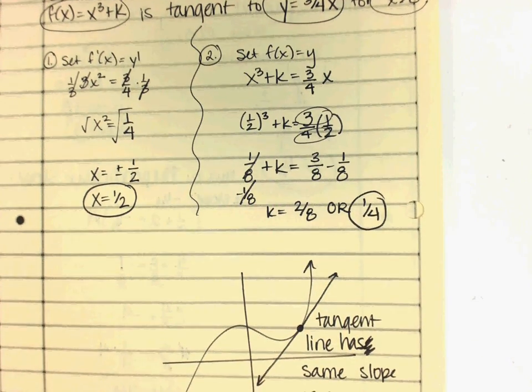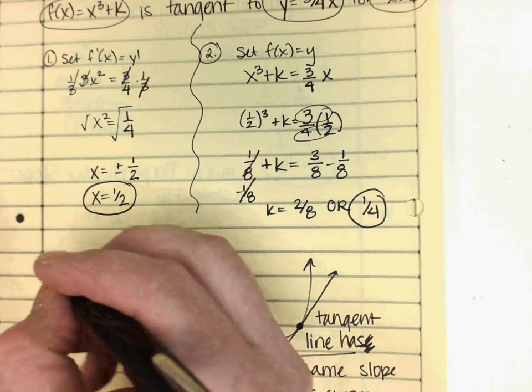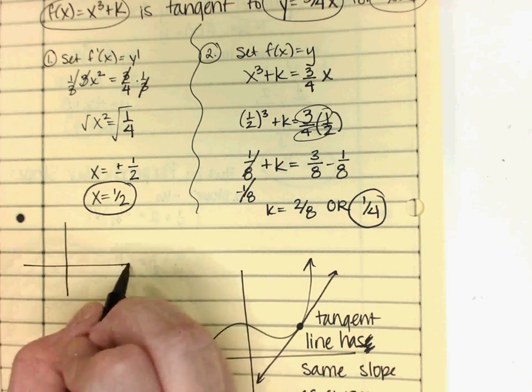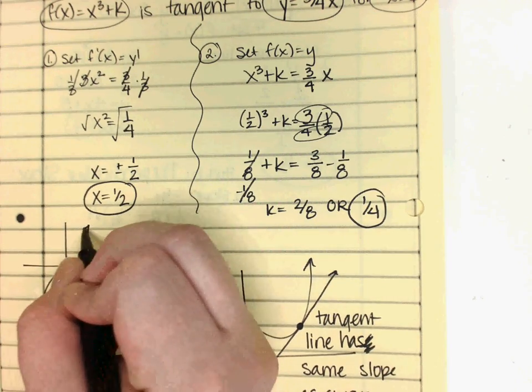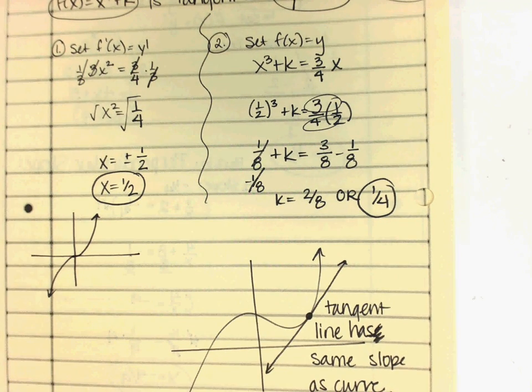Okay, now real quick, we're going to draw our little graph to match this picture. So the first thing that I want you to do is draw x cubed, just like that. Next thing that I want you to do is draw 3/4 x. How would that be sloped, up or down?